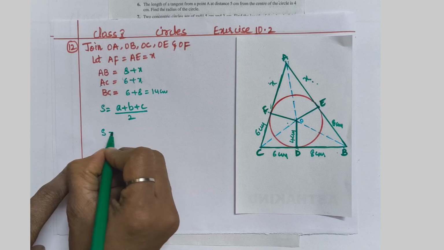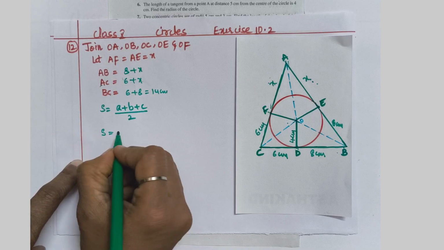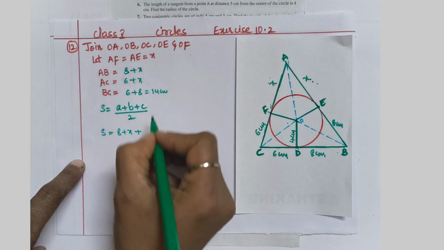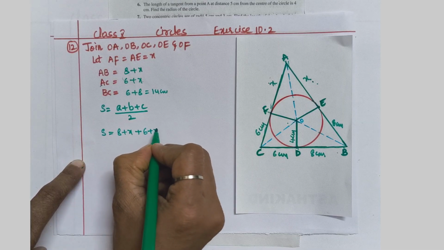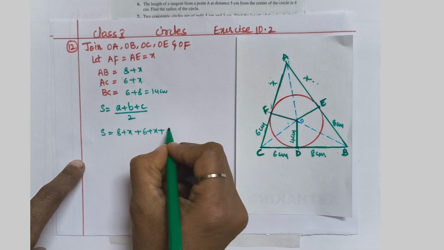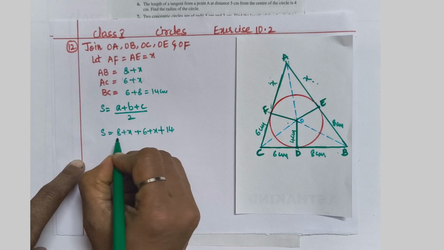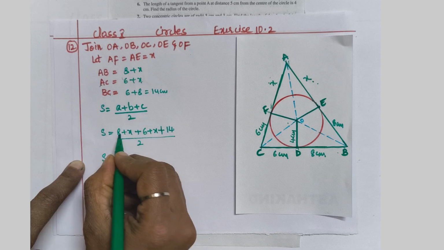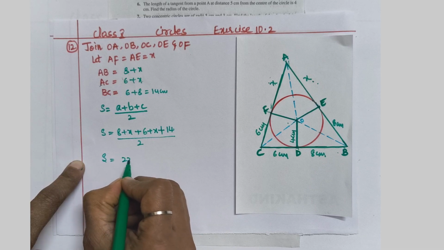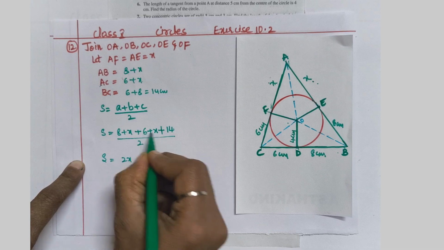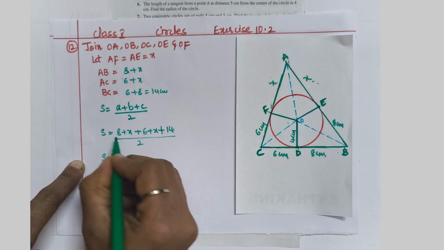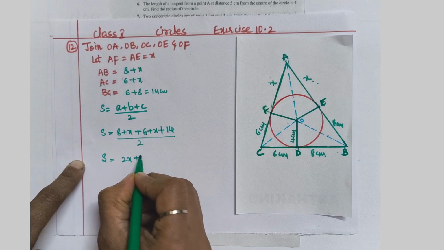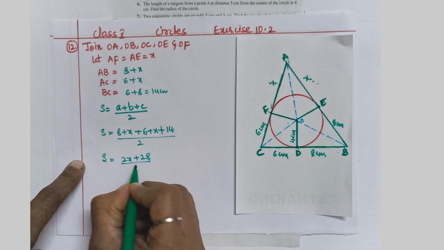So s is equal to: the first side is 8 plus x, the second side is 6 plus x, and the third side is 14, all divided by 2. Now s is equal to x plus x, which is 2x, plus 8 plus 6 plus 14. 14 plus 6 is 20, 20 plus 8 is 28, so 2x plus 28, by 2.